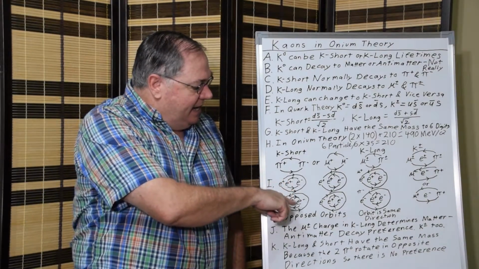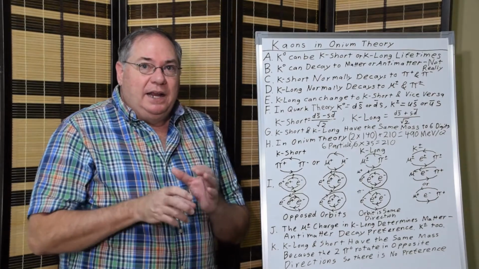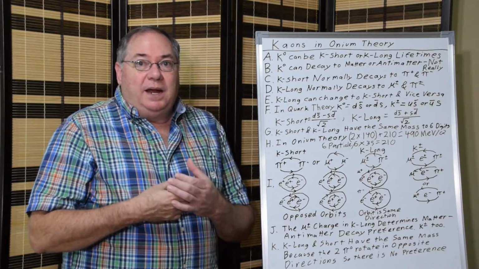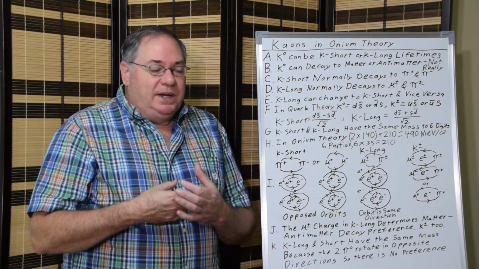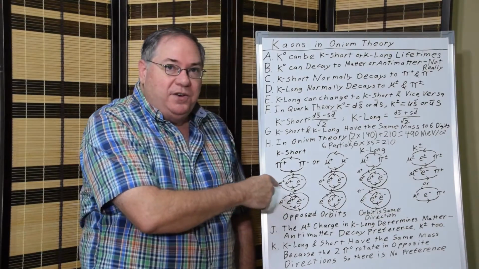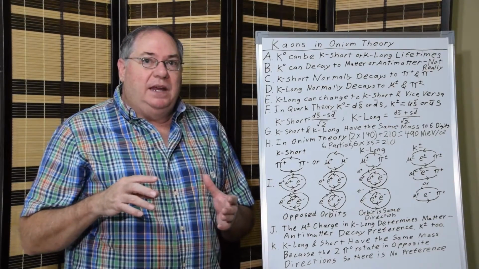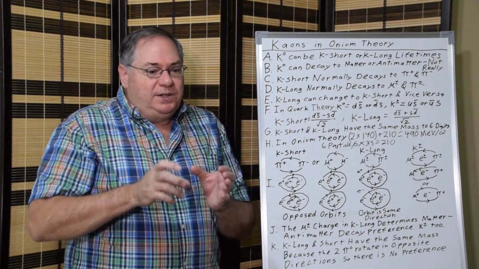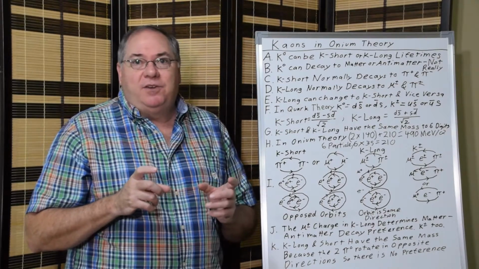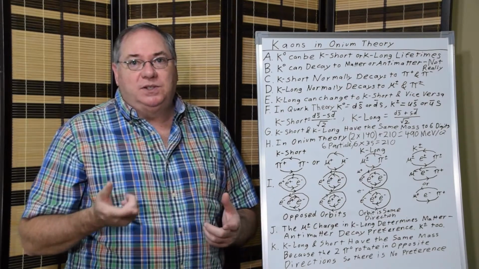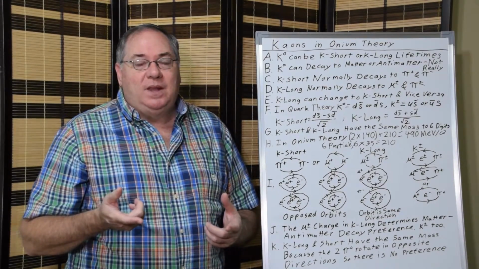But if you break that down, you have 2 oppositely charged neutral pions orbiting with each other. And if you have a 2-pion combination, because they're flipped, you have an electron and positron rotating in opposite directions, which causes them to annihilate quickly.